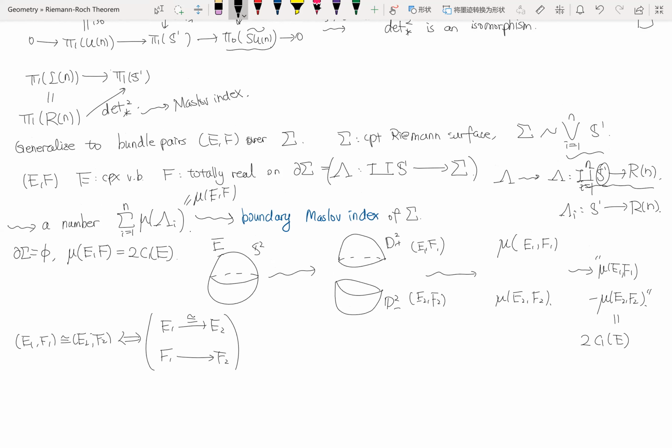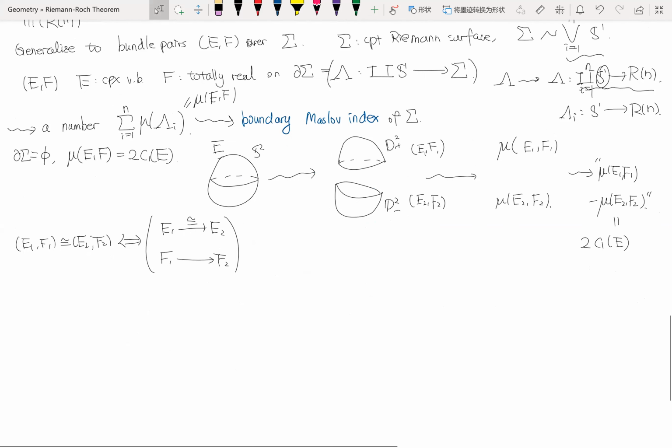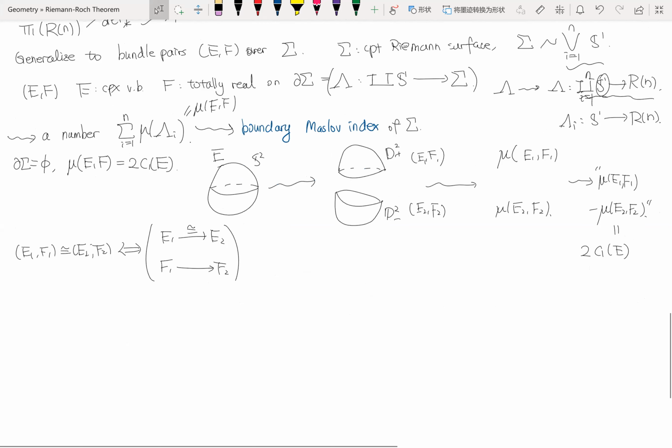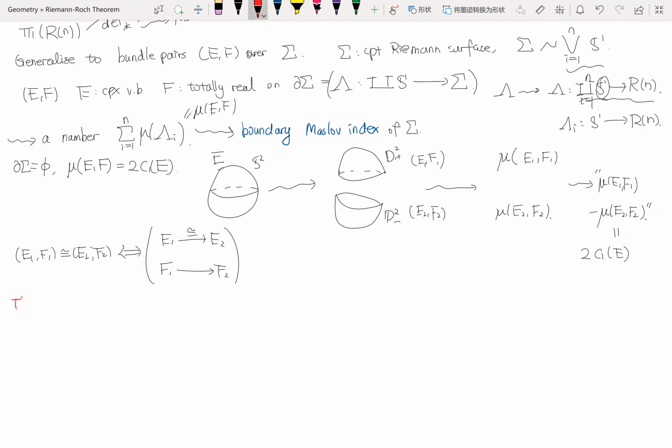So this is the concept of isomorphism of a bundle pair. And the main theorem concerning the boundary Maslov index is the following: μ is uniquely characterized by the following properties.